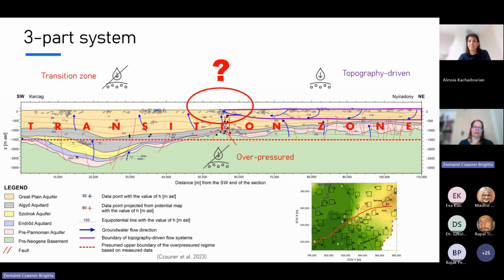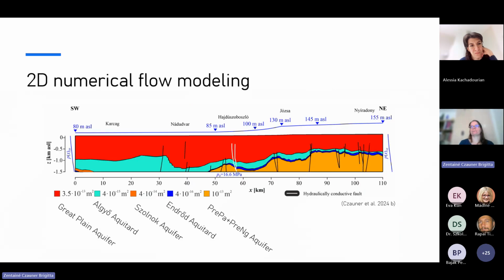But we still had a question after these evaluations, because based on these interpretations, we couldn't define the boundary of the topography-driven system and the transition zone in the discharge areas, because in the discharge area, both systems represent upward flow directions. So by PZ, AZ profiles or hydraulic cross sections, we cannot define the boundaries.